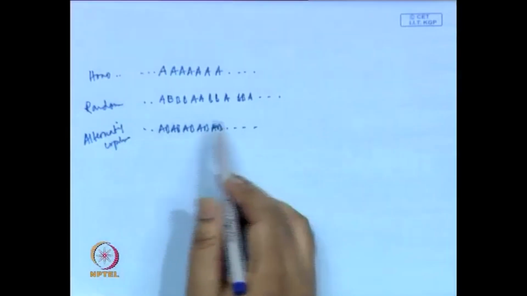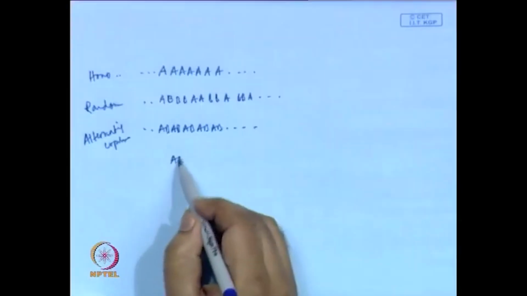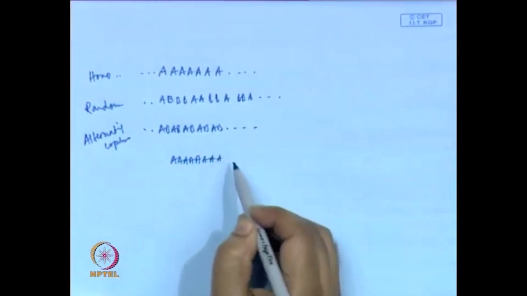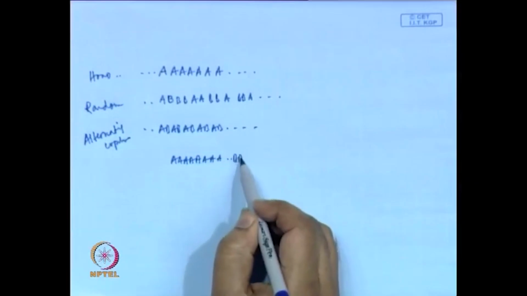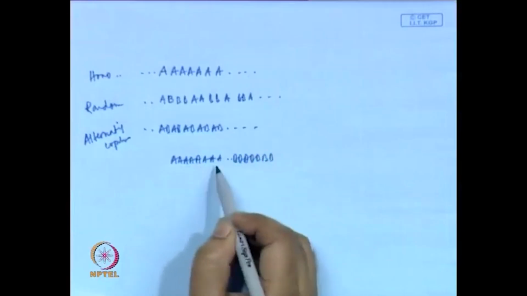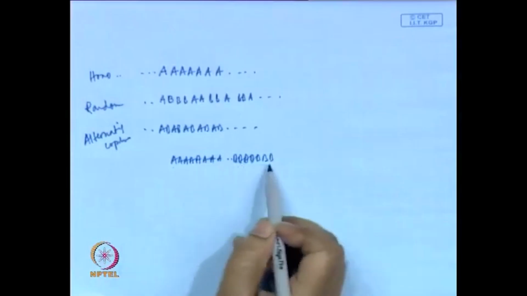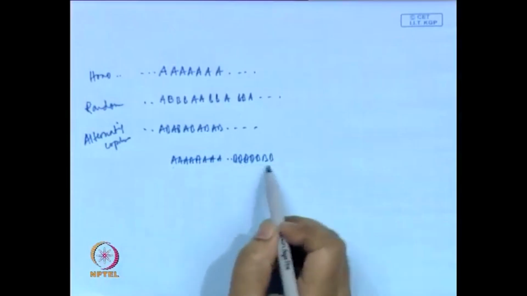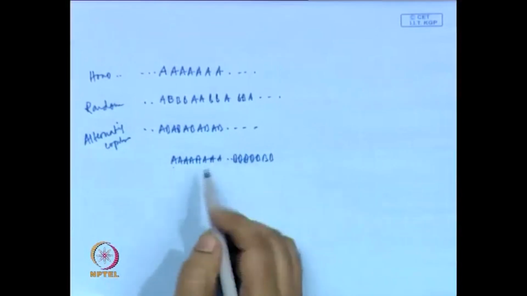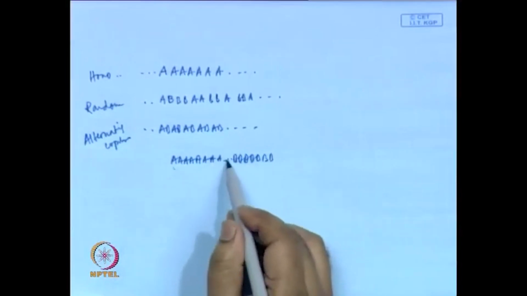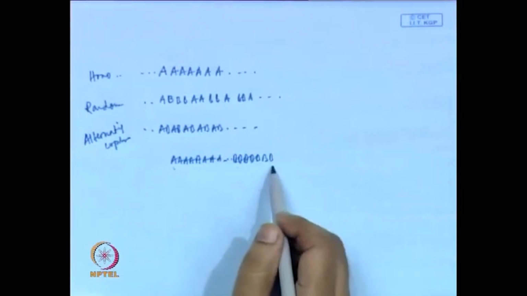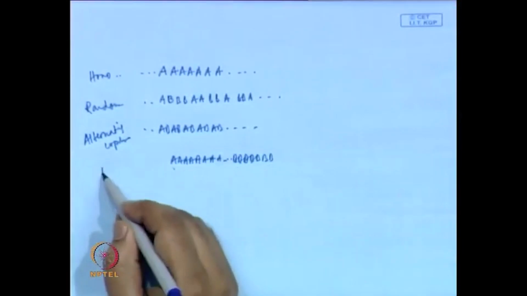Now, if these two monomers are present like this, as a combination of two small blocks of A and B, so it is like an oligomer or polymer of A, which is linked with an oligomer or polymer of B, then this is an example of a block copolymer.